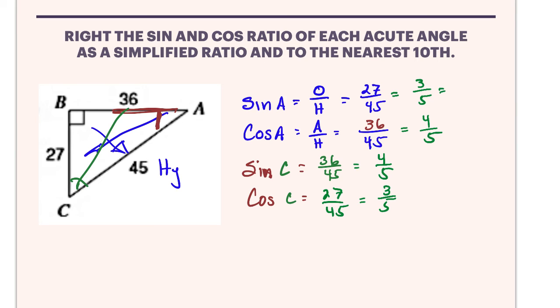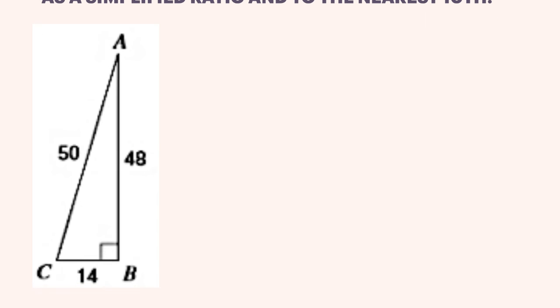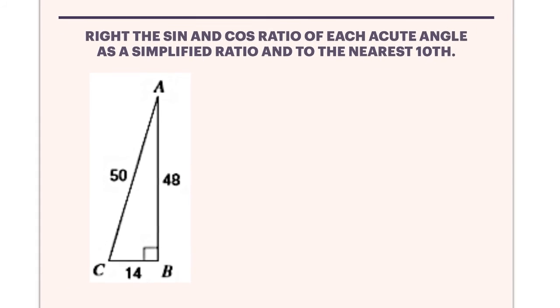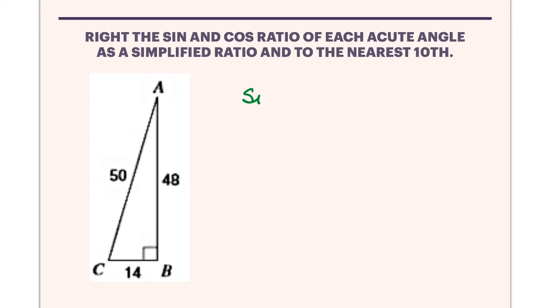Let's get decimals for these. So this one's 0.6. This would be a 0.8. 0.8 and a 0.6. Same deal. Sine A opposite over hypotenuse.